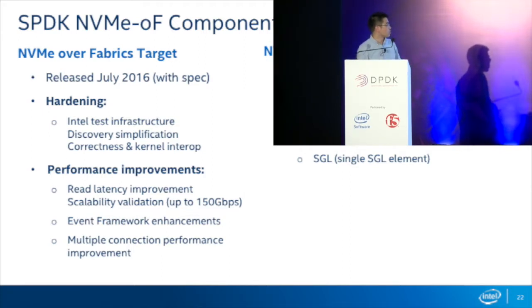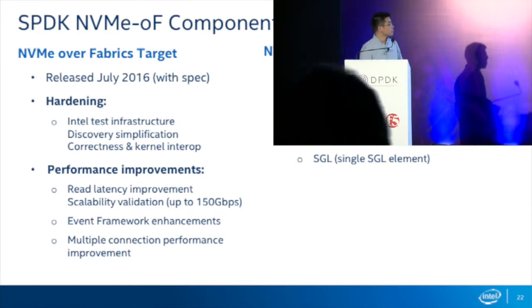And we did lots of useful work. For example, currently, SPDK's NVMe-oF fabrics target can support thousands of connections. And for the NVMe-oF fabrics initiator, we have the zero copy features like the features in DPDK.